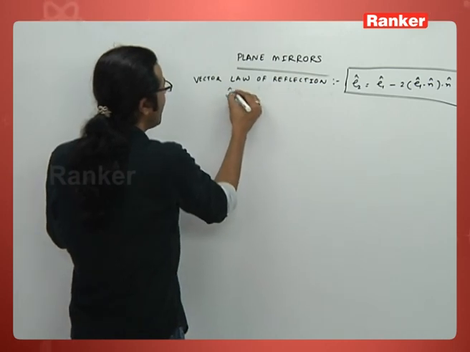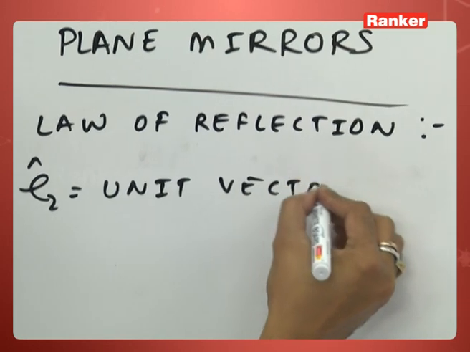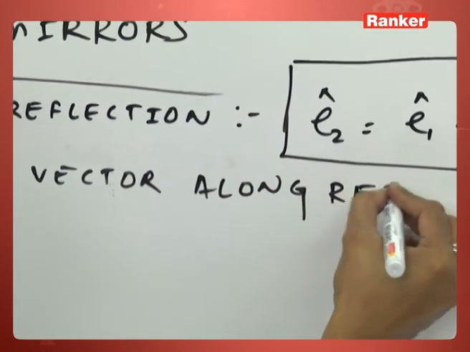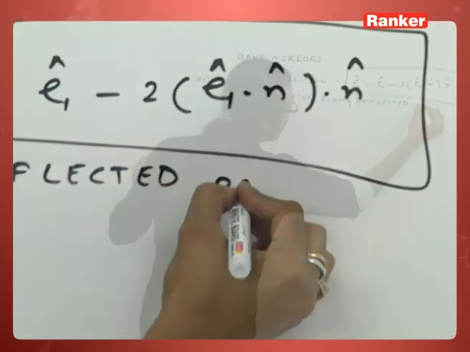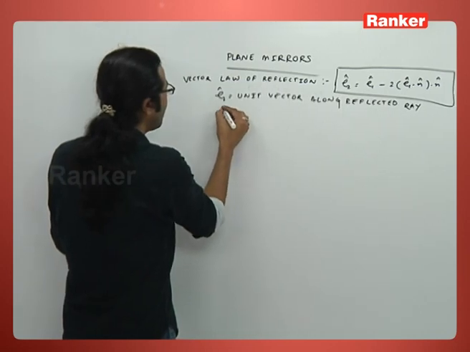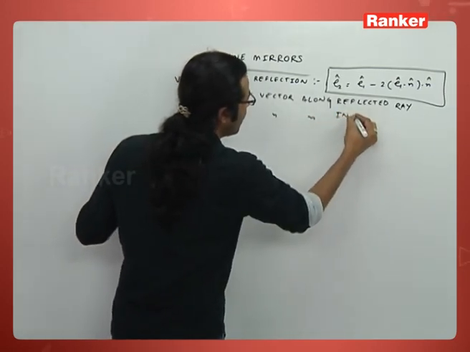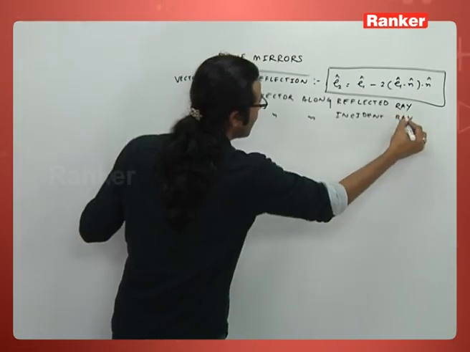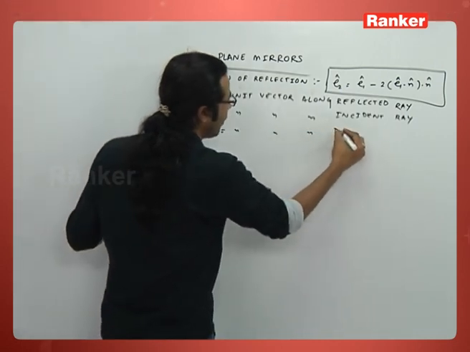We will write: E2 cap is the unit vector along the reflected ray, E1 cap is the unit vector along the incident ray, and N cap is the unit vector along the normal.